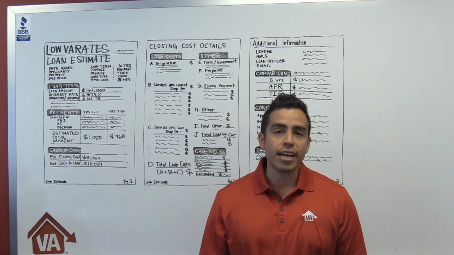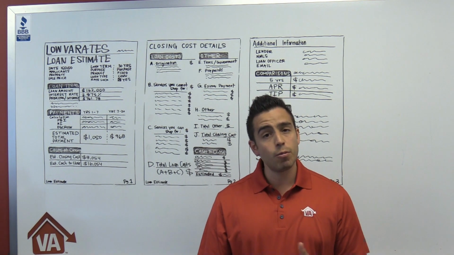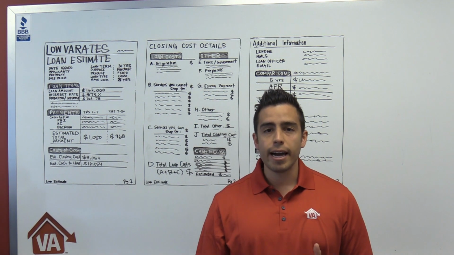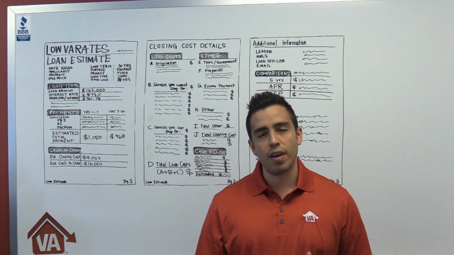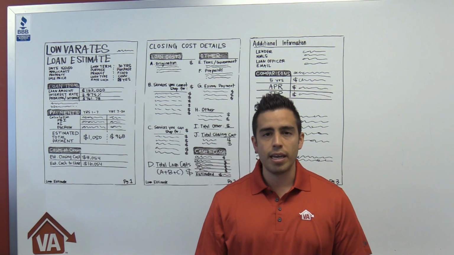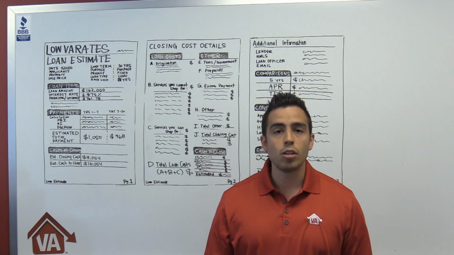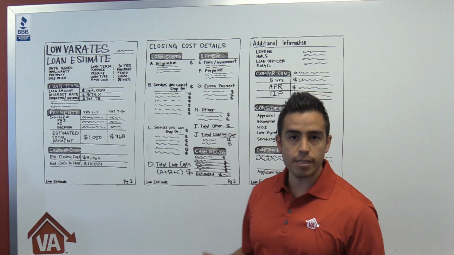The loan estimate actually replaces a document that used to be issued. Actually, it replaces two. There is a TIL, or Truth in Lending form, and there's the GFE, or the Good Faith Estimate. As of 2015, a few changes were made by law, and the loan estimate is now a standard 3-page document, okay?